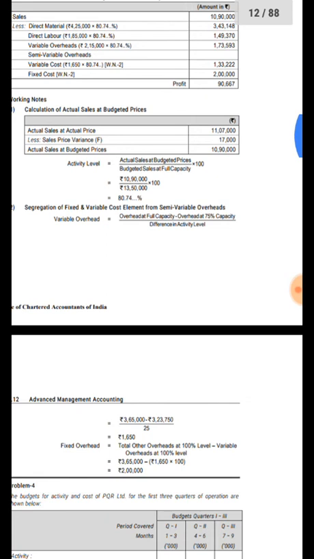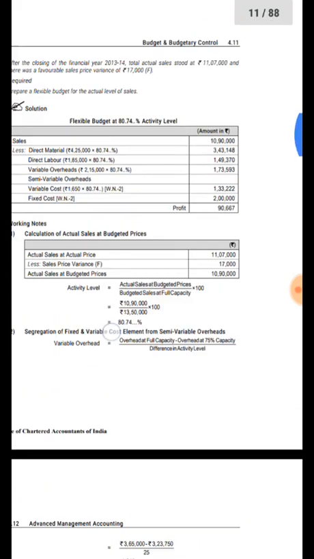So for each 1% of activity level, it is 1,650. So 1,650 into 100, it is coming 1,65,000. If we deduct that from 3,65,000, the balance is nothing but fixed overhead. So that's what we have done here.